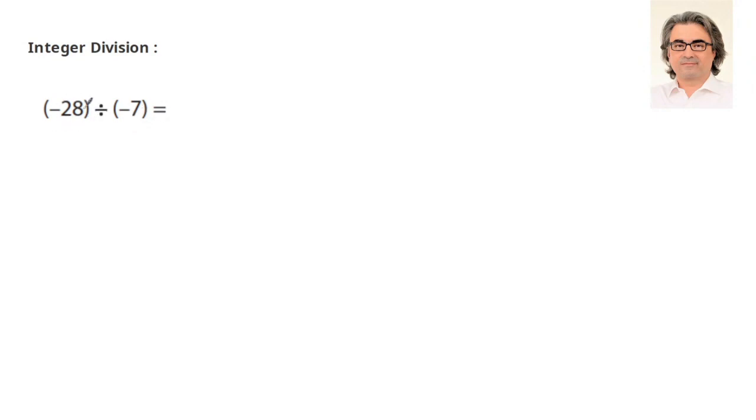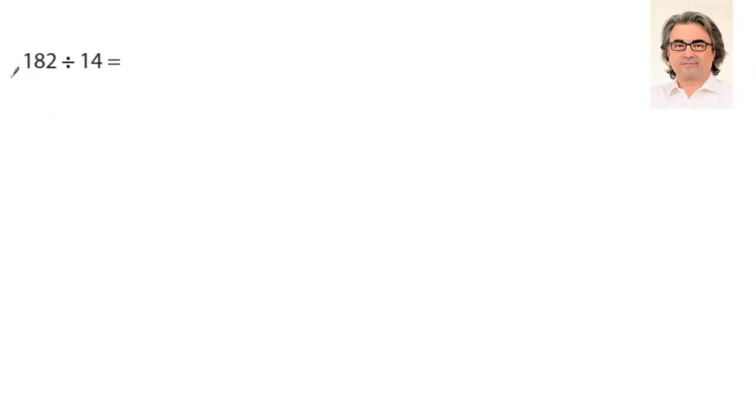And from multiplication operation, let's try to find this result. 7 times which number gives you 28? 7 times 4. So in this operation the result should be plus 4.